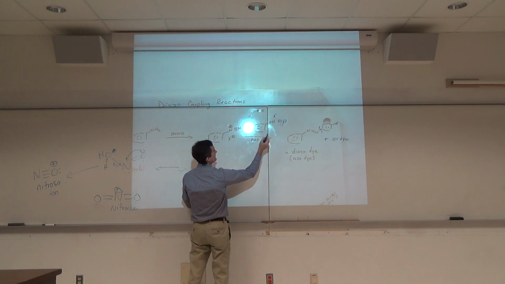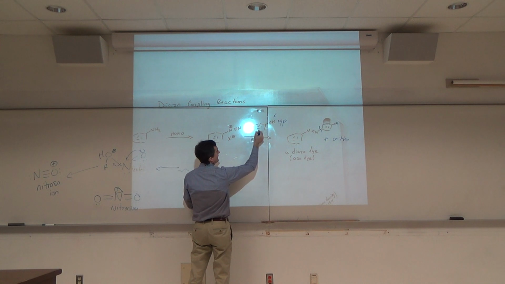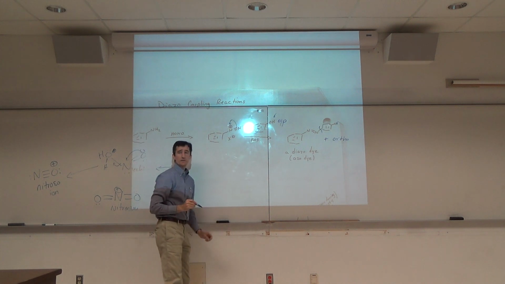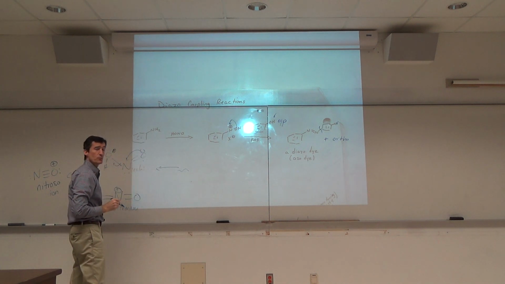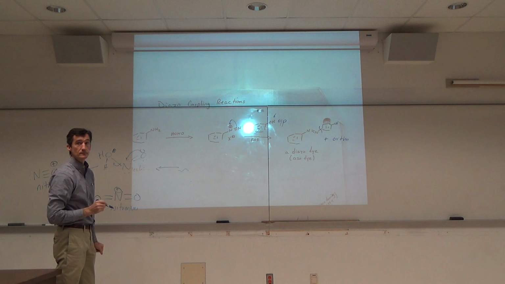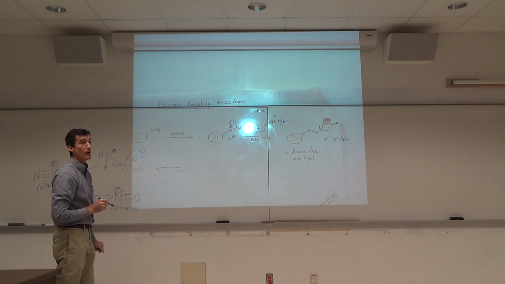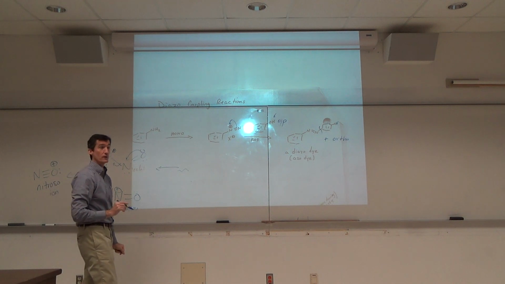Basically, the bond is there. These electrons contact this nitrogen, and these can move over here to give that nitrogen what it wants. What does it want? It's already got a positive charge. Well, it's a lone pair and no positive charge.